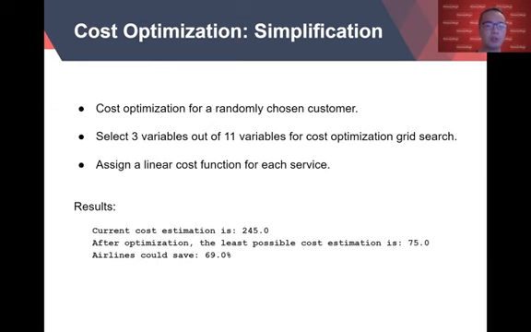And last, because actual costs are hard to obtain, we assign a linear cost function for each service. Below is our comparison for cost optimization. While the actual figures will vary from our results, this is just for demonstration purposes, and we can still see that there is an opportunity to cut down the cost while maintaining the customer satisfaction level.